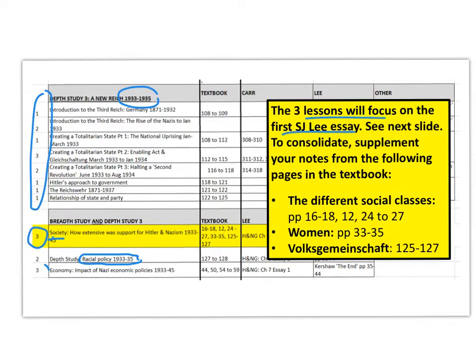So for the first 3 lessons, we're largely going to focus on an S.J. Lee essay. It is really important that you read that S.J. Lee essay over the course of these 3 lessons.